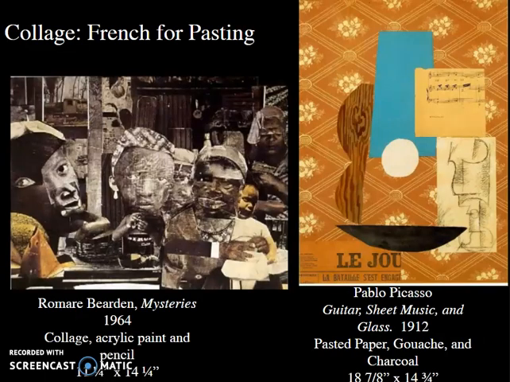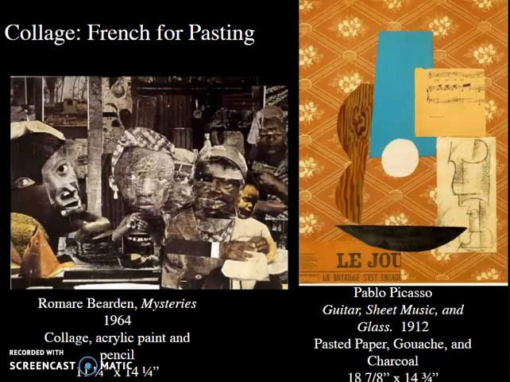A related medium that we are going to talk about right now is collage, and collage is French for pasting. This means that you are basically using different pieces of flat media, maybe magazine, photograph, wallpaper, scrapbook paper, any type of flat medium that you are pasting together.